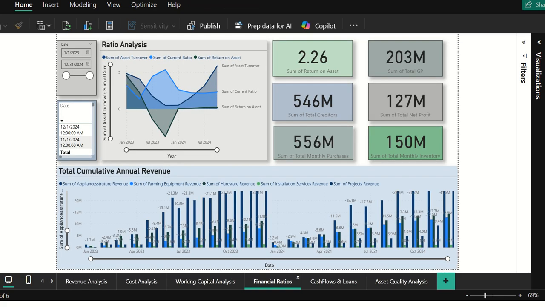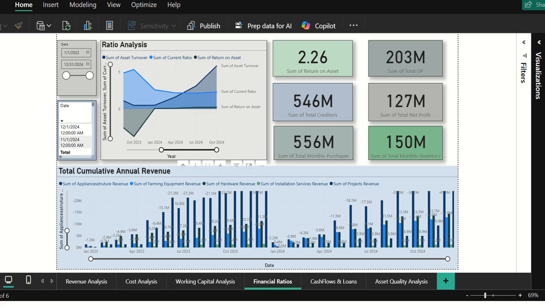Then finally, we also have the financial ratios. In the financial ratios, you're able to tell what your asset turnover was over a period of time, and your current ratio, and also return on asset. You can, for instance, want to move to January, and you can look at how your numbers have been moving, for example, for that year.